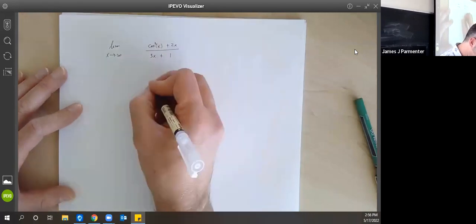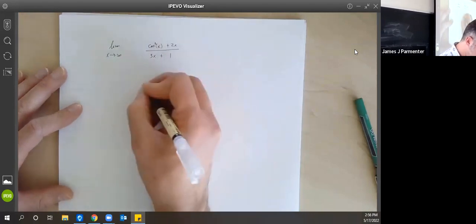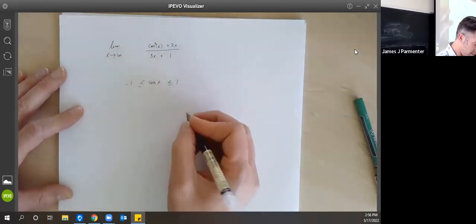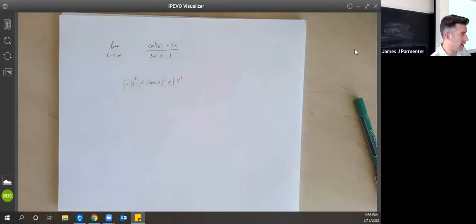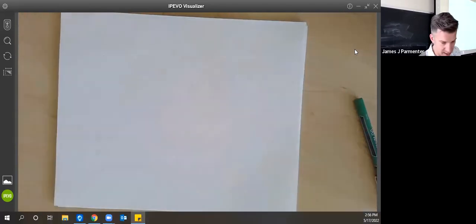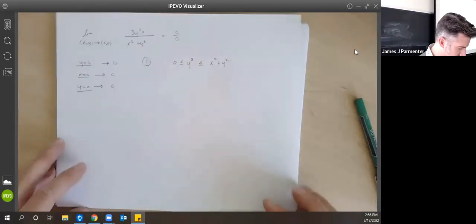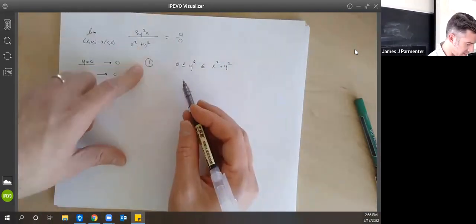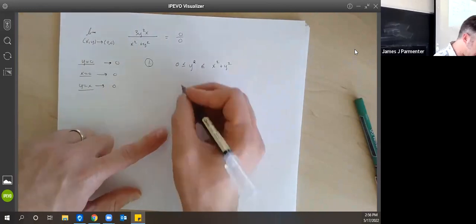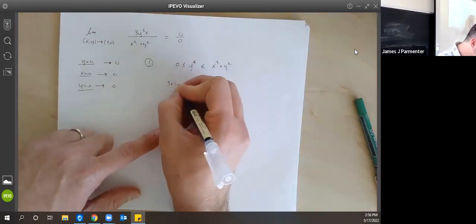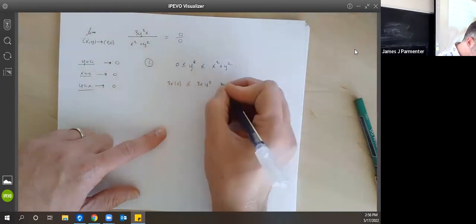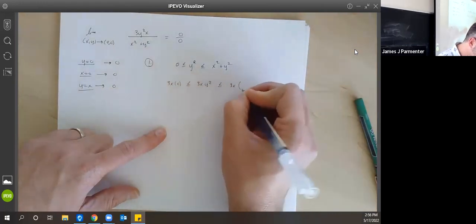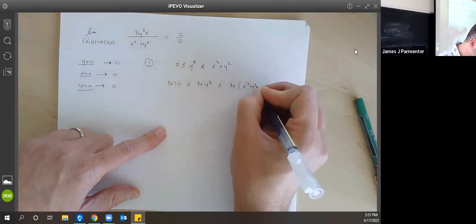We'd say cosine of x is between -1 and 1, then square both sides and add 2. It's the same kind of thing: we take the inequality we're starting with and make it look like what we've got. So I'm going to multiply everything by 3x. Great, 3x times 0 is less than or equal to 3x times y squared, which is less than or equal to 3x times x squared plus y squared.